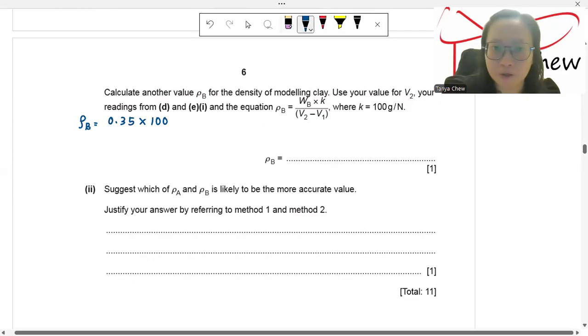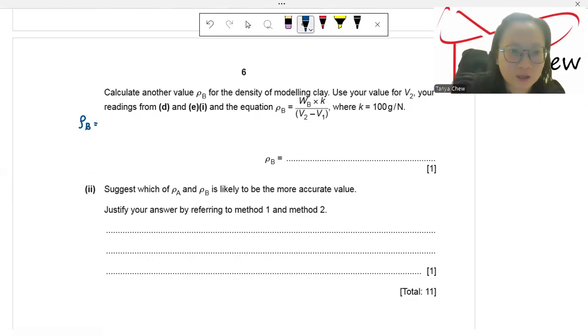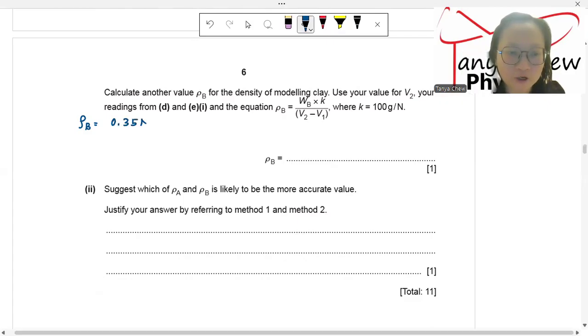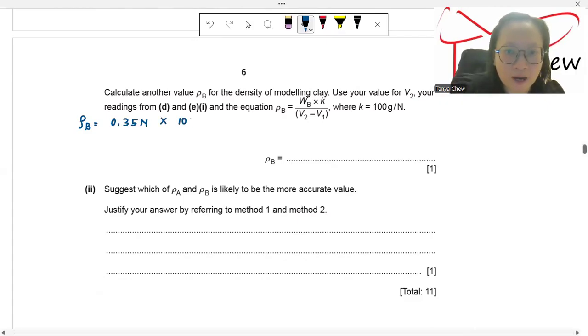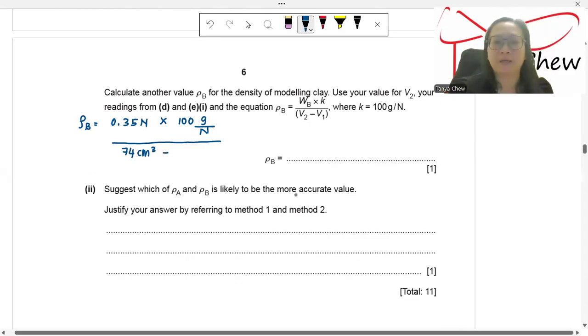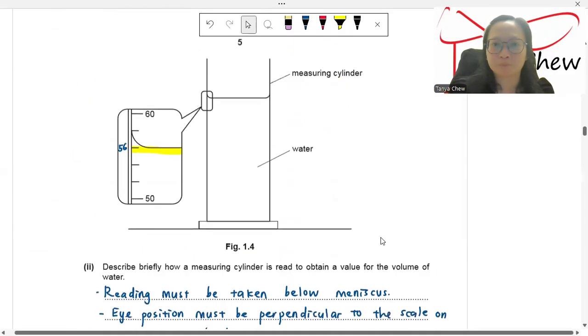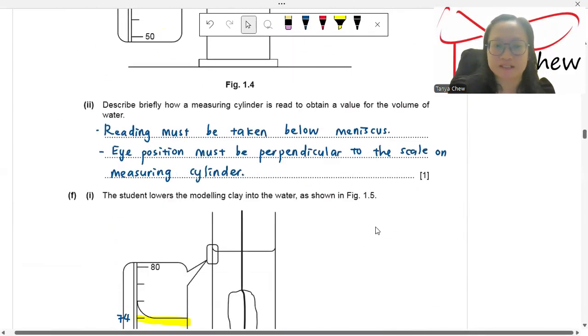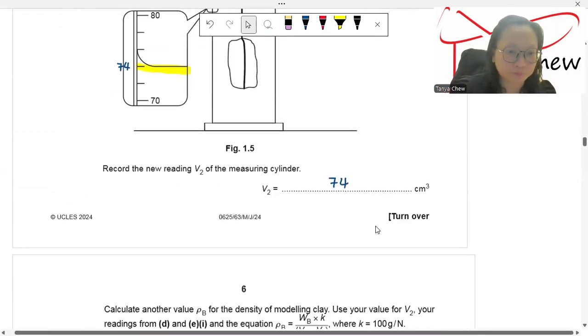I'll better put in the unit for you to see. This is 0.35 Newton multiplied by 100 gram per Newton, divided by volume. V2, I got 74 cm cube, minus V1, I got 56 cm cube.